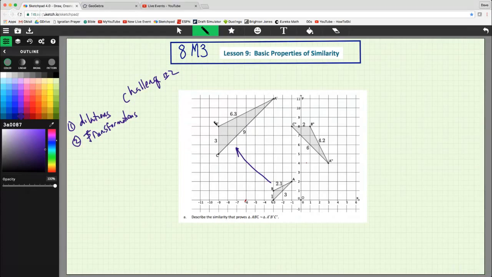So this is triangle ABC to triangle A prime, B prime, C prime. And then we were going to do the same thing from triangle ABC to get to triangle A double prime, B double prime, C double prime. And that's this one.